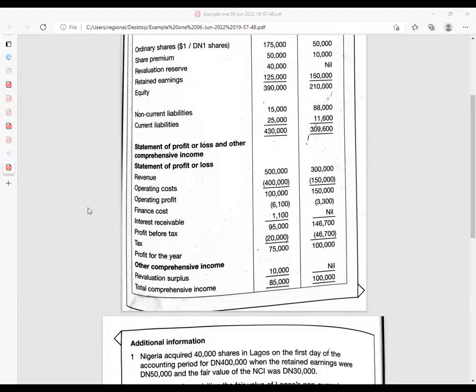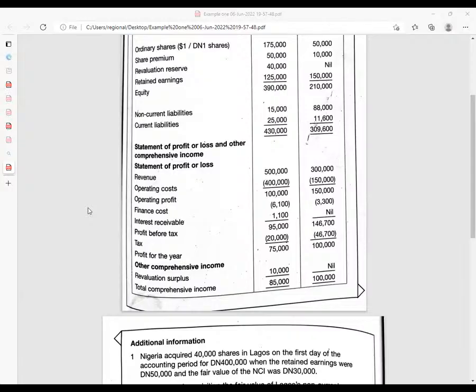So under other comprehensive income, ladies and gentlemen, what else have they given us there? Under other comprehensive income, I have revaluation surplus.